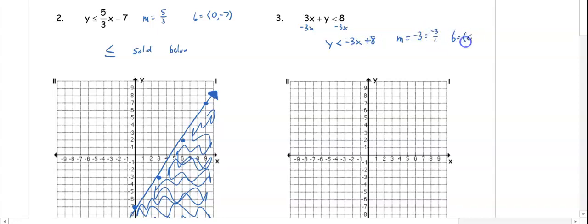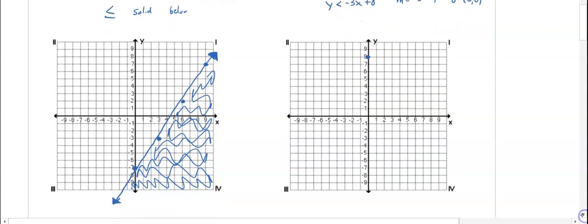Our b value is going to be (0, 8). So we are going to start at 8 on the y-axis. And then we're going to use our slope down 3, right 1, all the way across our graph. So down 3, right 1, until we can't go any further.